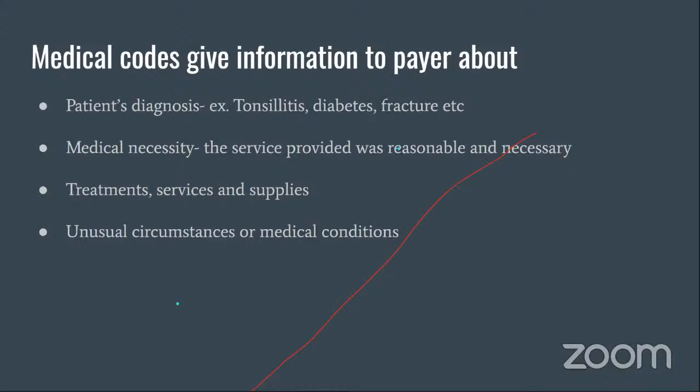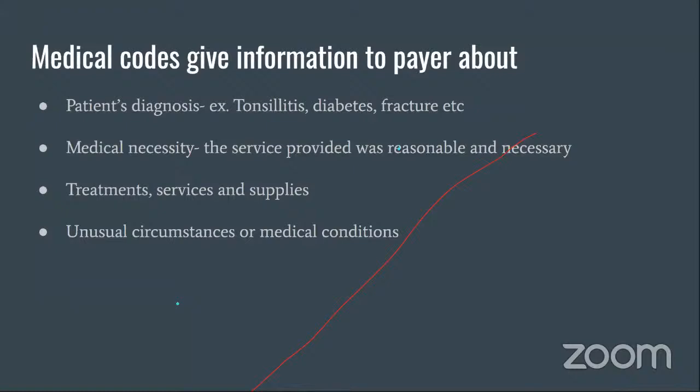Number four is any unusual circumstances or medical conditions. To give an example, these are the circumstances under which the patient came to see the doctor. Was the patient in distress? Did the patient have any underlying diseases like diabetes mellitus, hypertension?